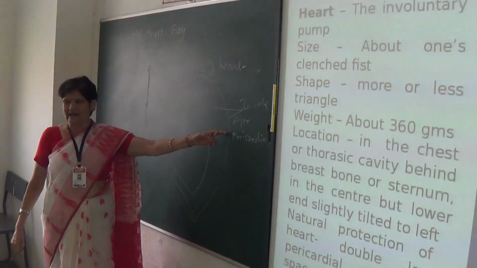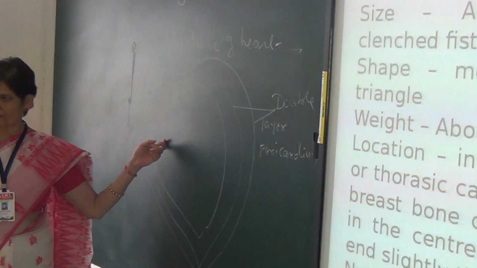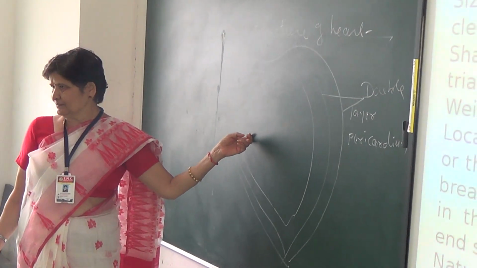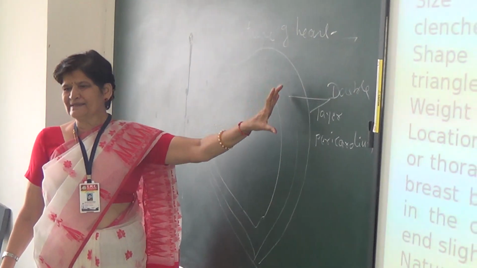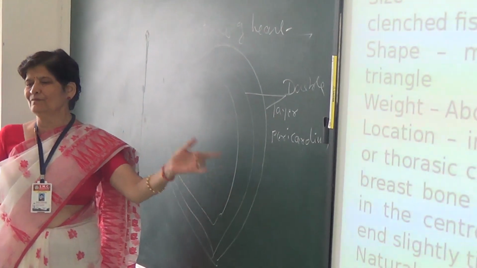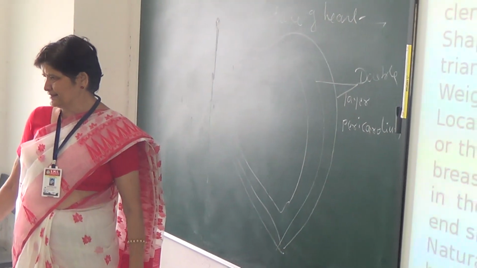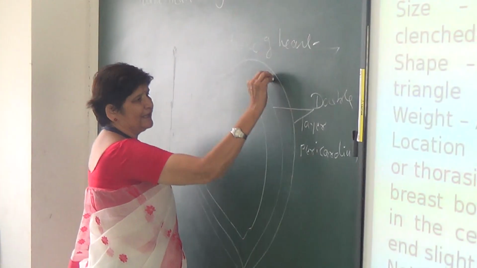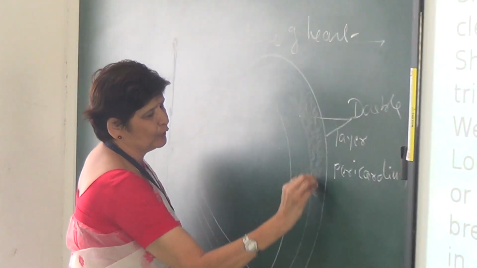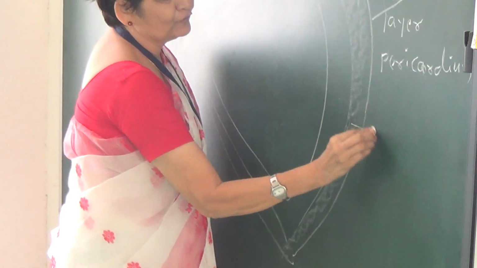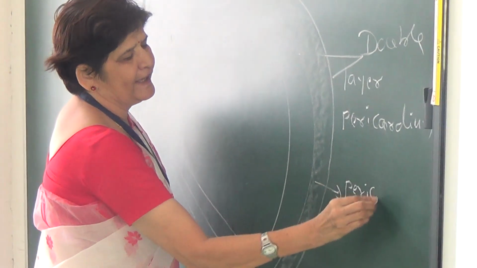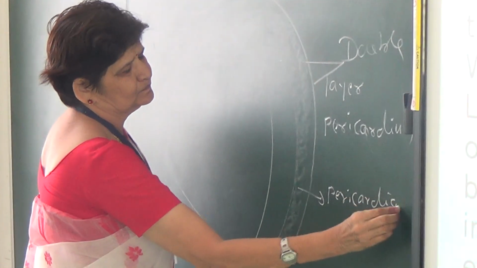These two layers are there to protect the heart from shocks and injuries. These membranes are called as pericardia or pericardial membranes. In between these two, there is a fluid, and that fluid is called as pericardial fluid.